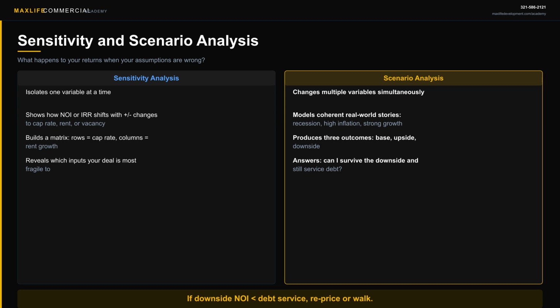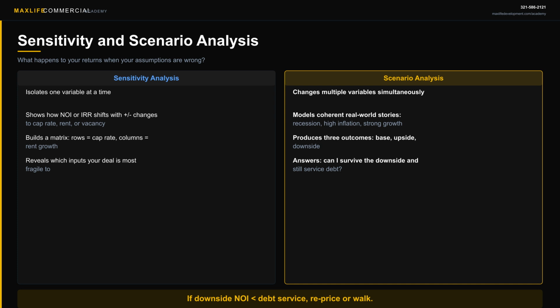Sensitivity analysis and scenario analysis sound like the same thing, but they serve different purposes and you need both. Sensitivity analysis isolates a single variable and asks, if this one input is wrong, how much does it hurt me?